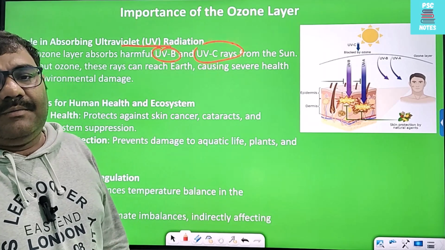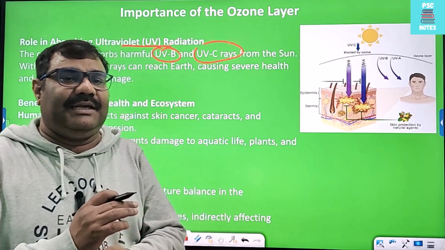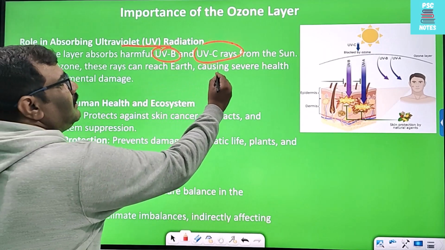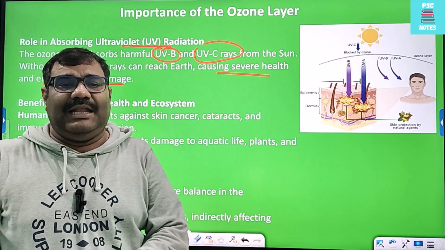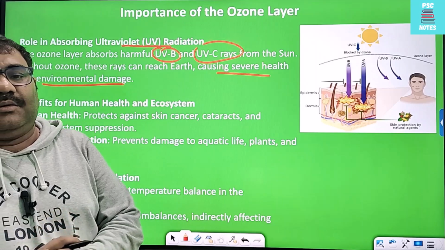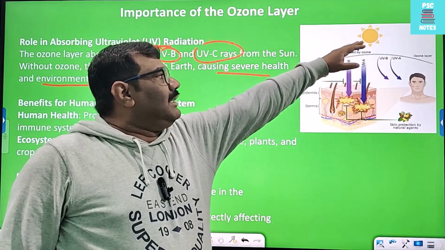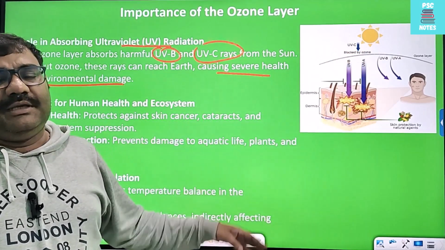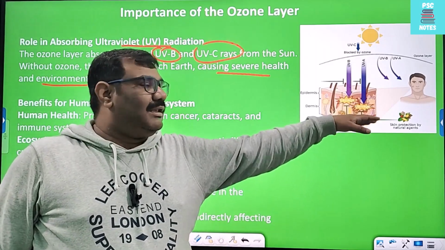The ozone layer absorbs the harmful ultraviolet B and C rays from the sun, and without this, they will cause severe health problems. Basically, in the absence of the ozone layer, the ultraviolet rays will reach the earth's surface, and they will cause severe harm to not only the human population but also other organisms.